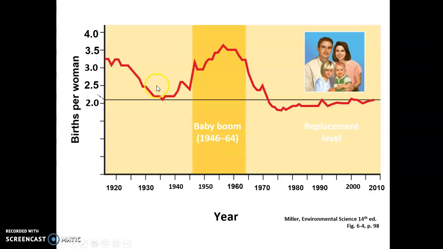Then when the Great Depression hit, the number of births per woman dropped off due to a number of factors, everything from men leaving home to go find jobs elsewhere, just the circumstances and knowing what they were going through and what they couldn't afford, and many other factors, but it did result in quite a big decrease in the number of births.